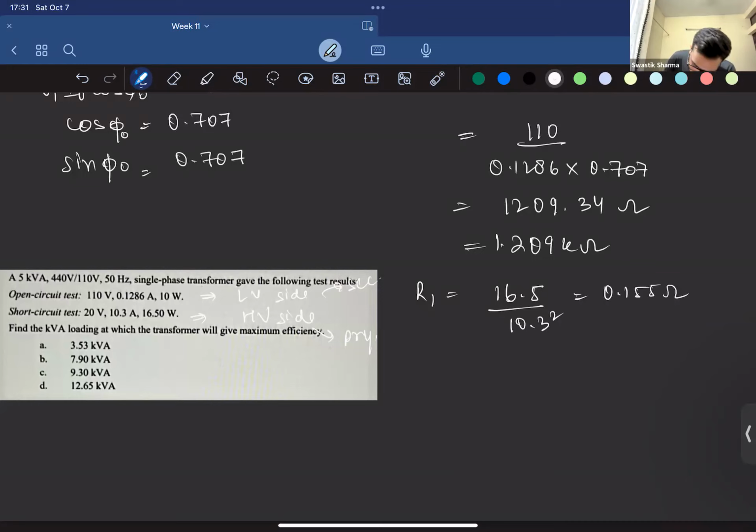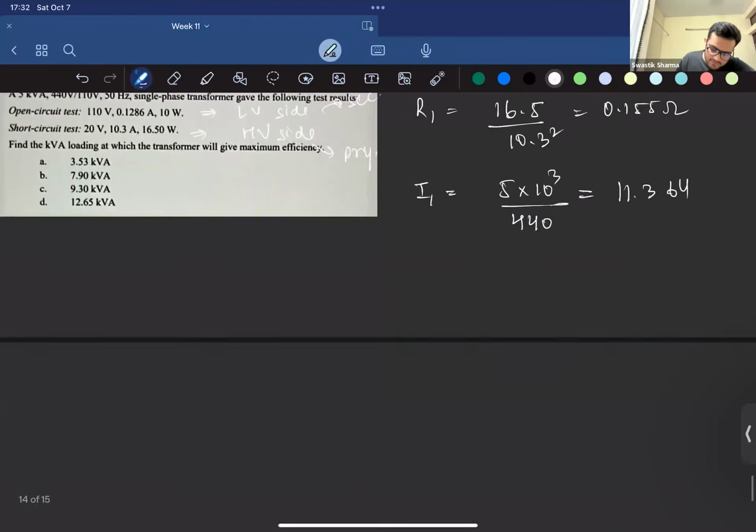And we know I1, the primary side current, is nothing but 5 into 10 raised to power 3 divided by 440. High voltage side is the primary side. So this would be 5000 divided by 440. So this I1 is our full load current, right? That's what I'm trying to calculate. 11.364.